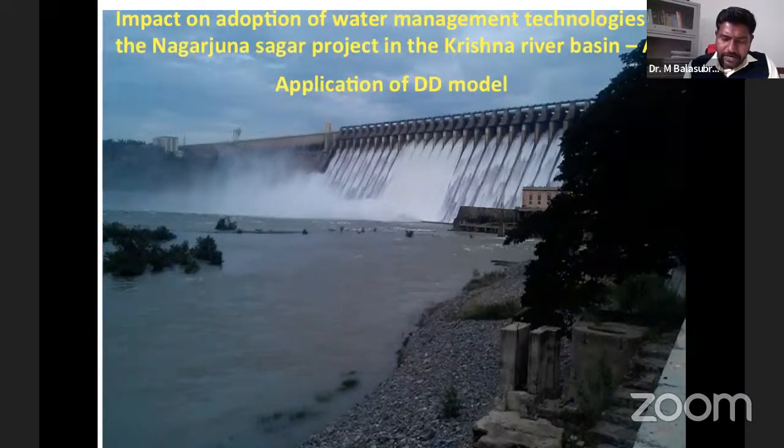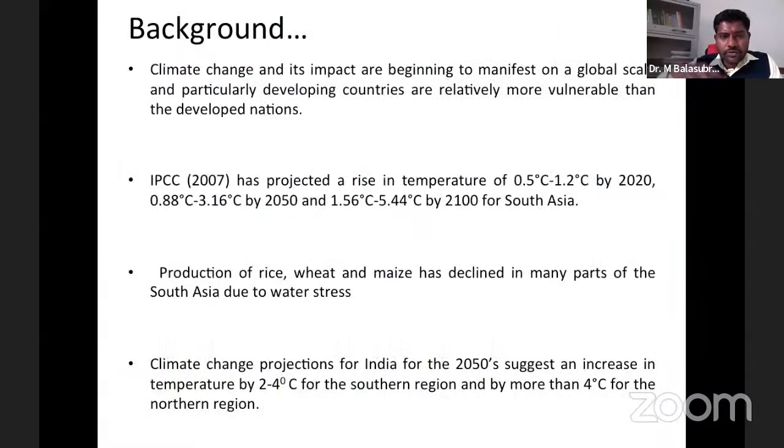There are three water management technologies developed, with an awareness campaign given by the IWMI, the International Water Management Institute, in the Nagarjuna Sagar project, the Nagarjuna Sagar dam area. What impact am I going to assess by applying this DD model? So this is the introduction about that program and how this program was formed.